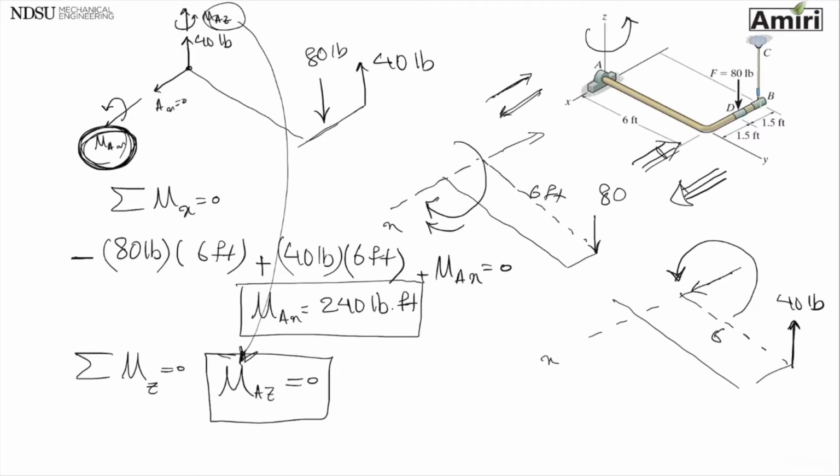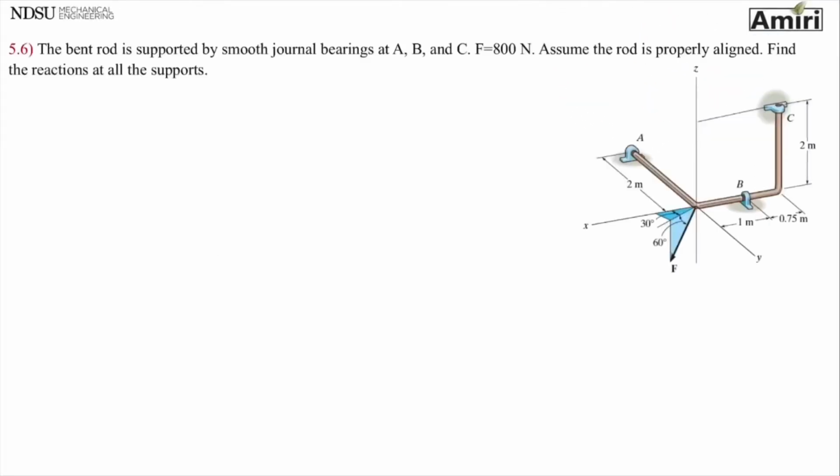Okay. Let's look at another example. This one is something that I explained in my lecture, how to draw the free body diagram for it. These bearings A, B, and C are what we call properly aligned.